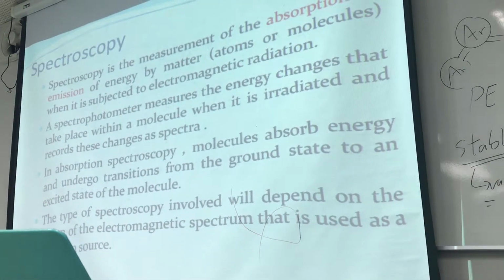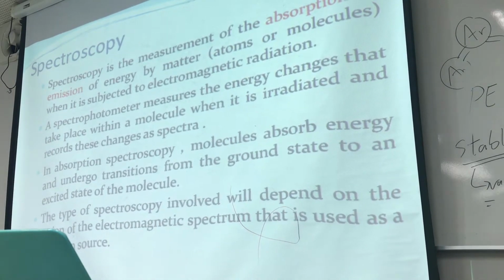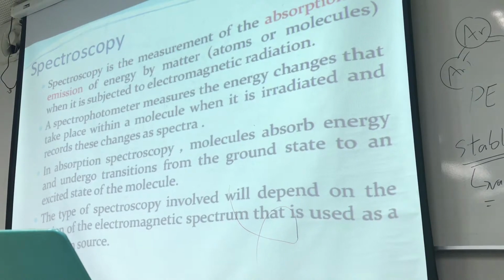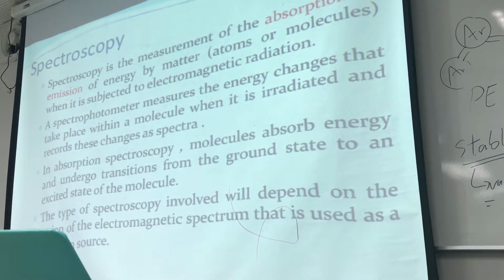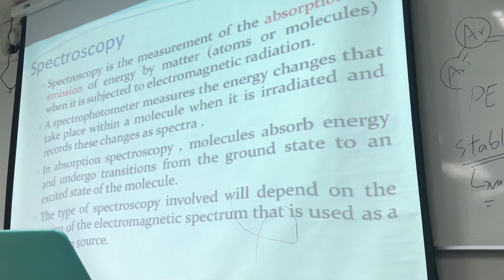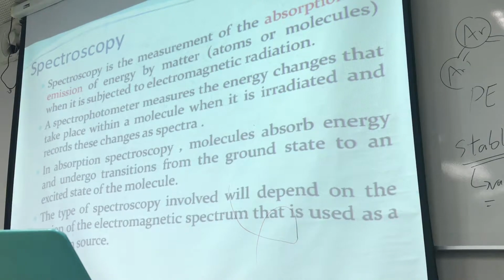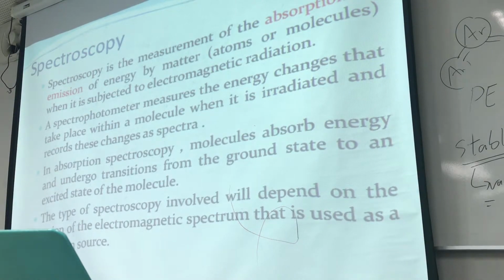Electromagnetic radiation is like light. IR is infrared. UV is ultraviolet. And sometimes radio frequency or whatever. Those are all electromagnetic. So when you shine that electromagnetic radiation onto your sample, what's going to happen?